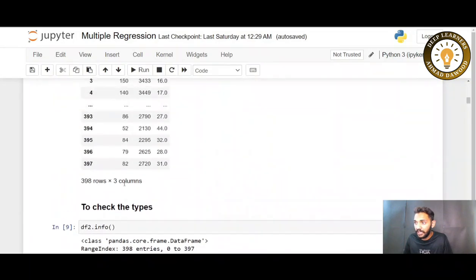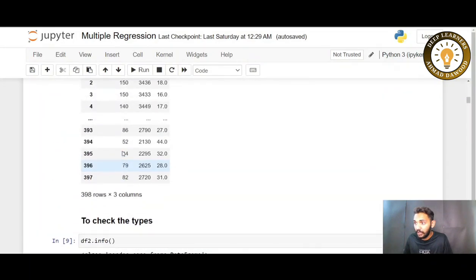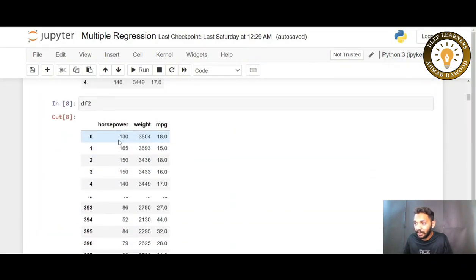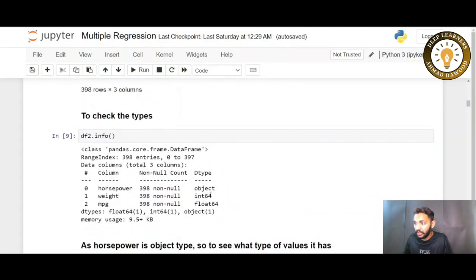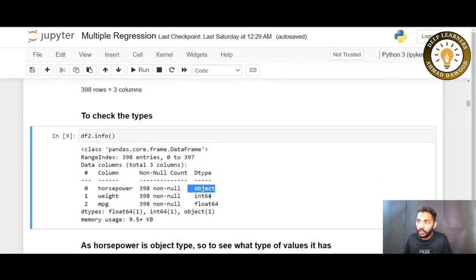Here I see that horsepower seems numerical, but it is an object data type.